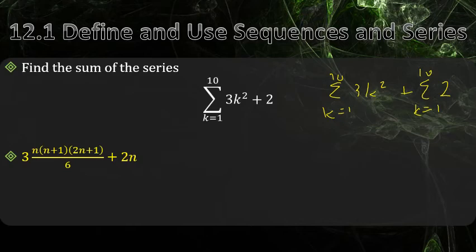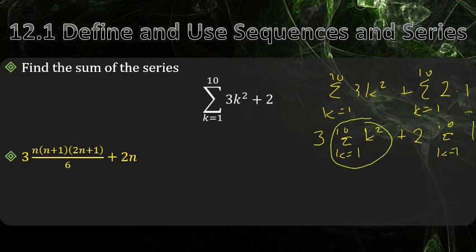So it'll be 3 times 1 squared, 3 times 2 squared, 3 times 3 squared. I could factor out the 3. So this would become 3 times the sum of k squared. And 2 is the same as 2 times 1, and I'll have the 2 every turn. So I can have 2 times the sum of 1.